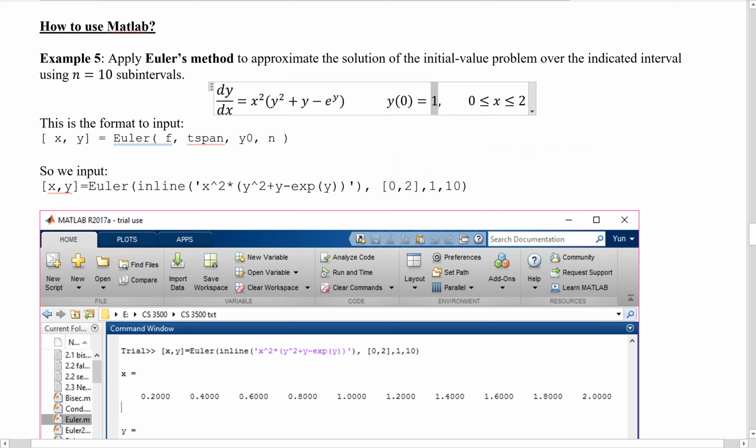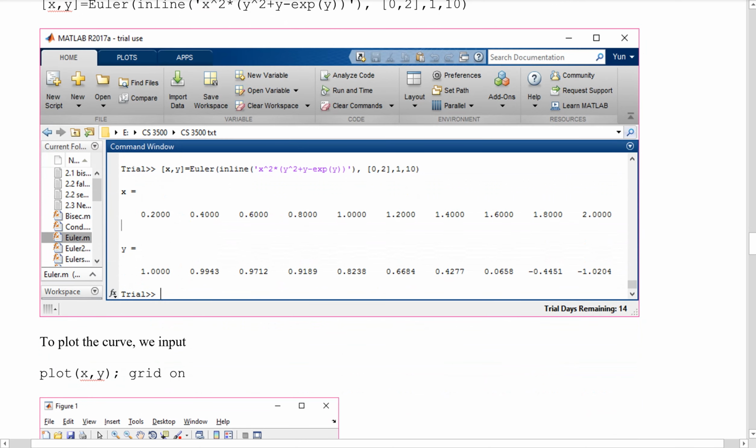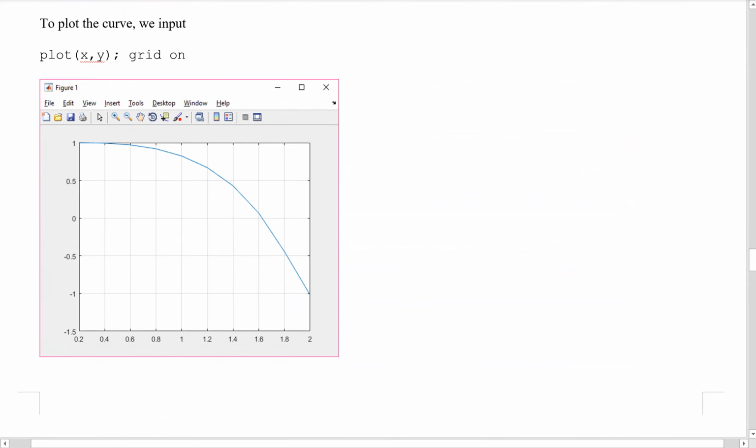We want to divide it into 10 subintervals. This is how we input it, and then we get 10 points. We can also plot the curve. We input plot x comma y semicolon grid on, and then this is what we get.